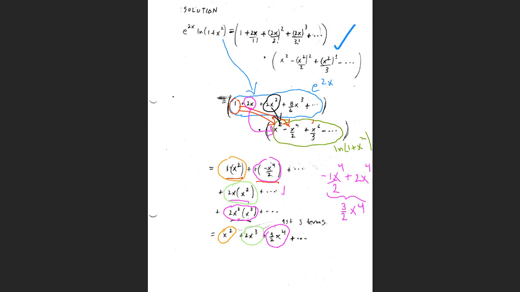So we can say then that e to the 2x times the natural log of 1 plus x squared is equal to x squared plus 2x cubed plus 3 halves x to the fourth plus dot, dot, dot, dot.